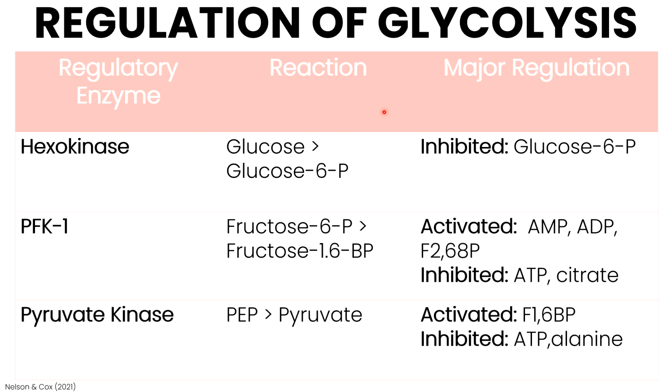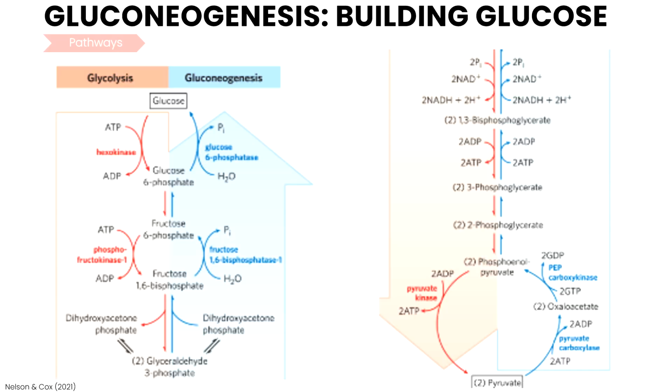Low energy signals favor greater glycolytic activity. Okay, now let's change the metabolic situation. Imagine that glucose availability is low, but certain tissues still require glucose. How can the body produce glucose when it cannot simply obtain enough from the bloodstream or the diet? Well, let's find out in our next pathway.